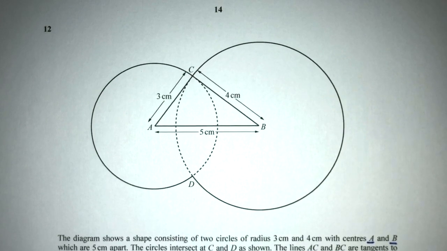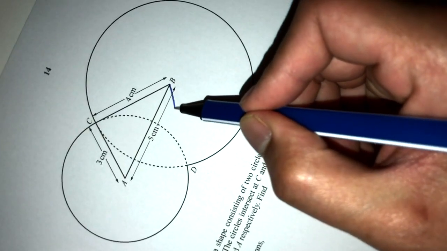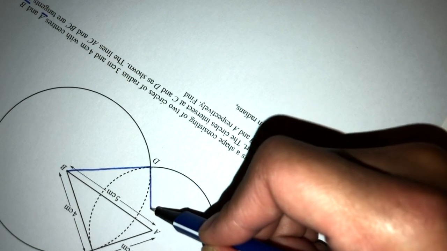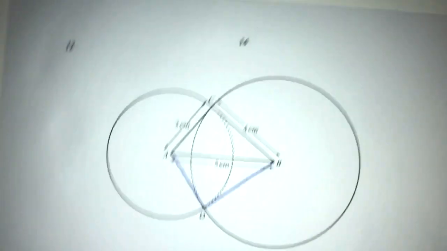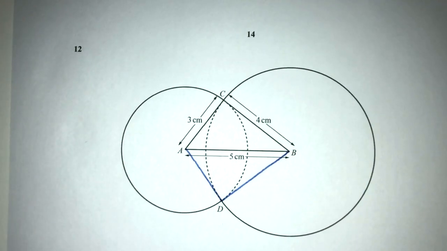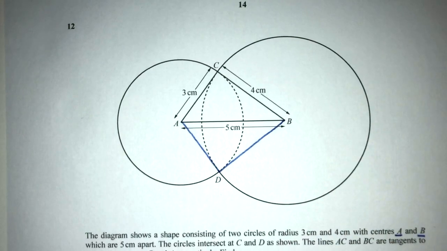Now if you want to do something first, you can always try to join them. For example, we can join B and D, and then we can join D and A. Okay, so as you can see, these two are basically the same shape. That's something we can conclude because of them being circles, and they must be symmetric at this point.